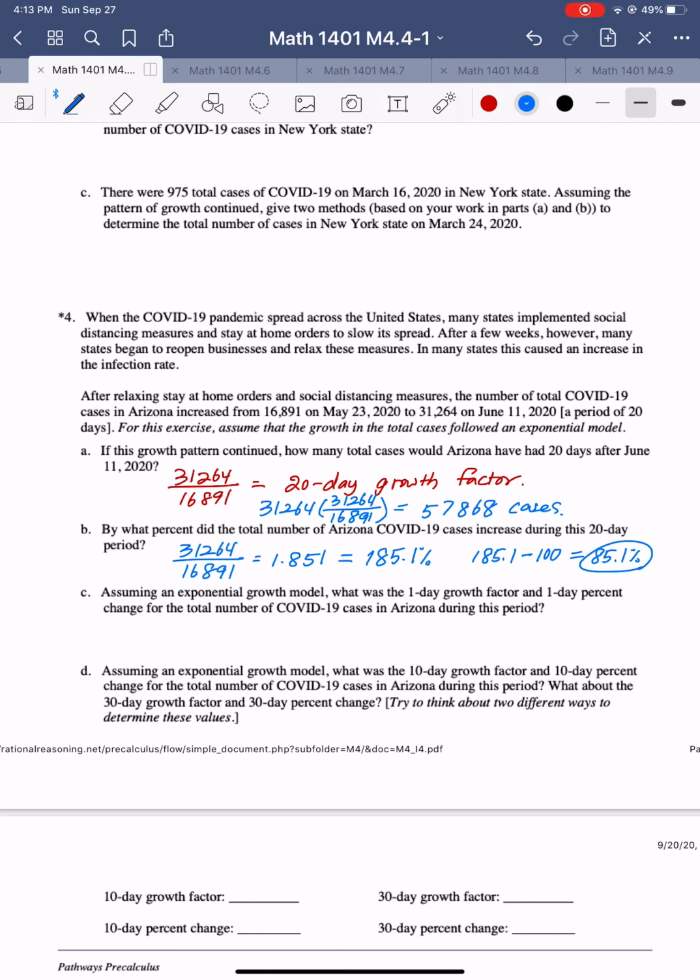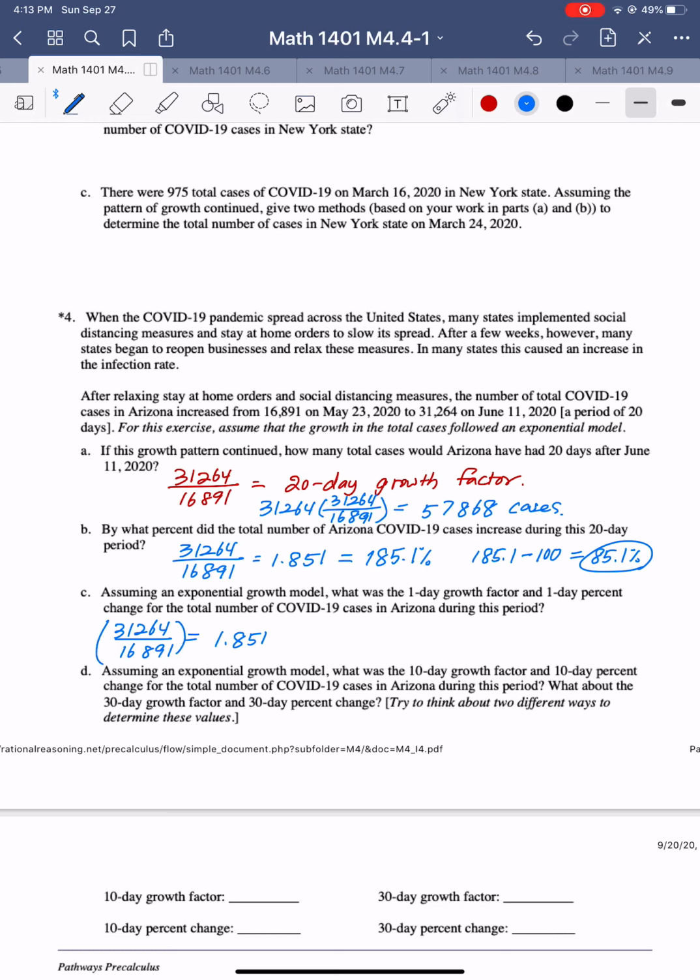And then C, assume an exponential growth model. What was the 1-day growth factor and the 1-day percent change? Okay, so you can just use 31,264 divided by 16,891, but that's 1.851, right? But this is actually for the 20 days.